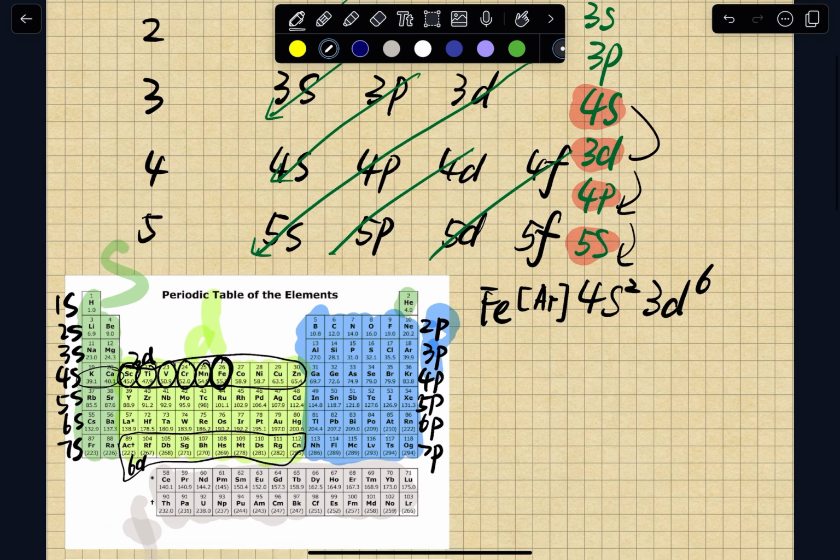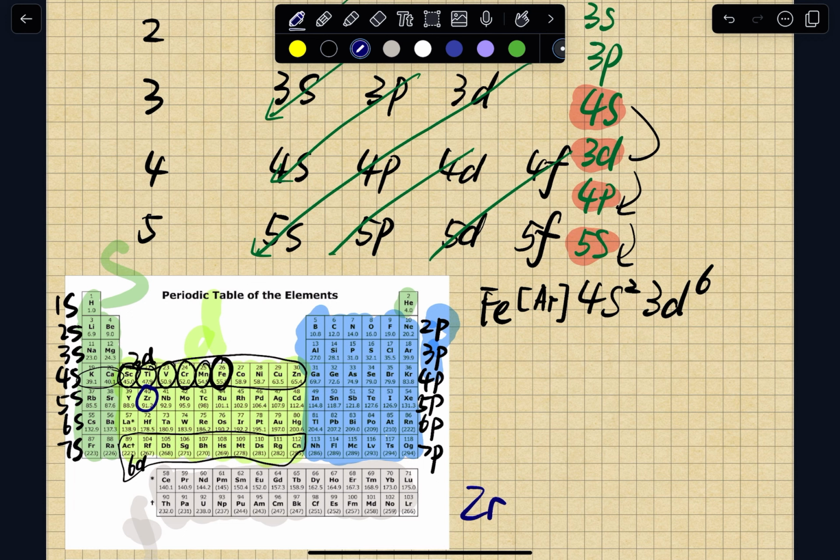Okay, let's do another one. Let's do Zr. Let's actually use a different color. So let's find where Zr is. Zr is here, where I circled. Zr is in the D block again, so we have to mentally know this is 4D and not 5D.